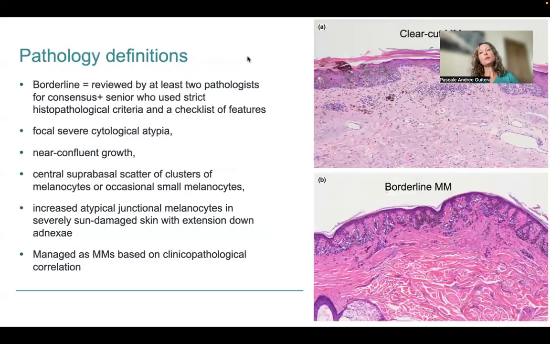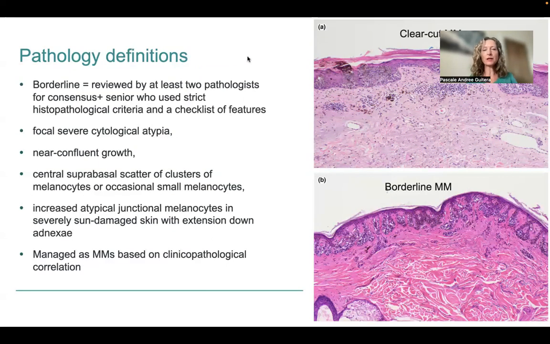One thing that was important was to really define what was clear melanoma, everybody agrees, but what was a borderline melanoma. So for our borderline melanoma, we reviewed with at least 2 pathologists and 1 senior pathologist. He reviewed all the slides and used a checklist to really have strict criteria in between what was mild, borderline, and clear-cut melanoma.